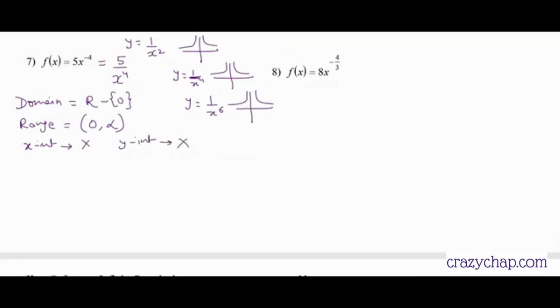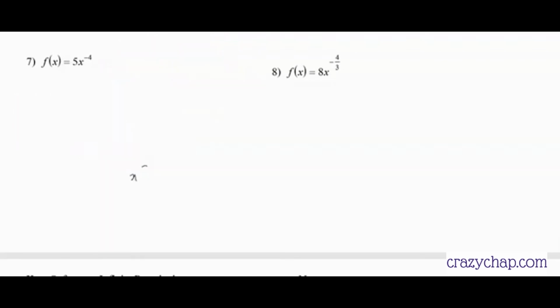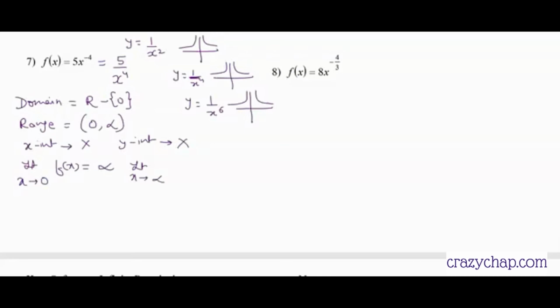As limit x tends to 0, the f(x) value gets bigger and bigger, f(x) tends to infinity. And when limit x tends to infinity, f(x) tends to 0. Also, when limit x tends to negative infinity, f(x) is near 0. f(x) gets closer to 0.